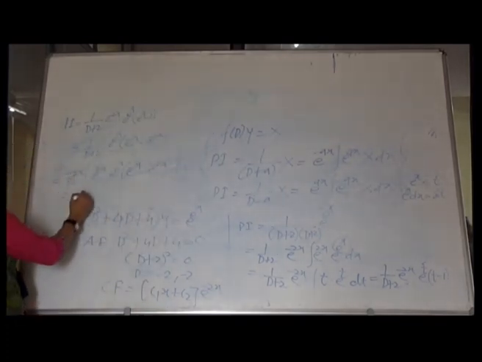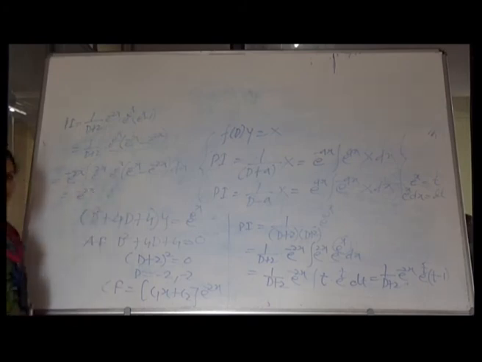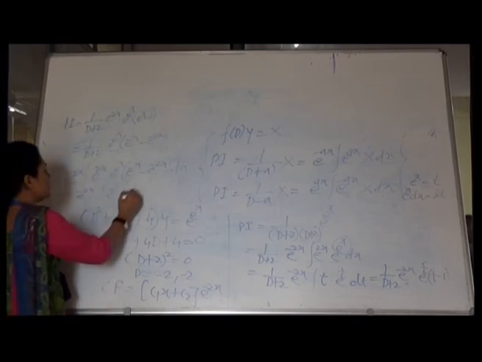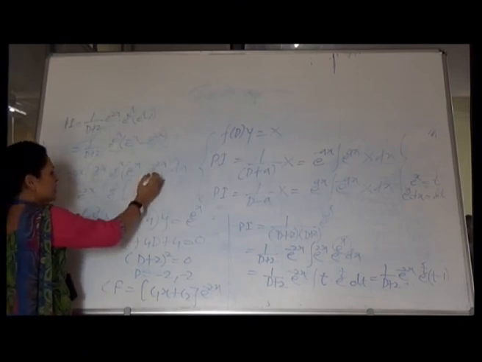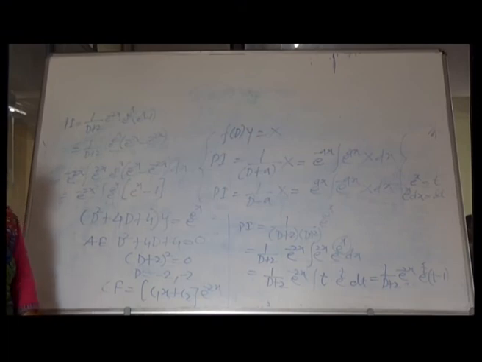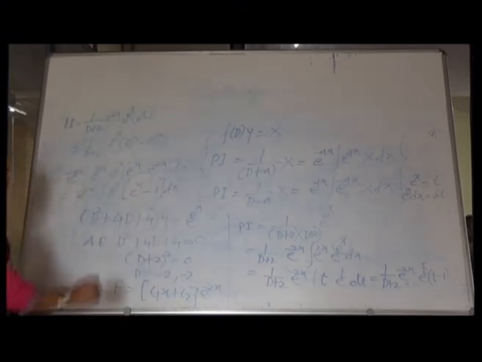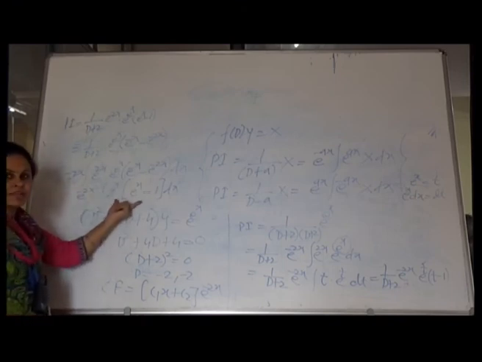This gives e raised to minus 2x integral e raised to x, I am multiplying this e raised to 2x inside, which is going to give me e raised to x minus, this e raised to 2x into e raised to minus 2x gives you e raised to 0, which is 1, multiplied by dx. The integral of this particular term can be evaluated by simplifying.